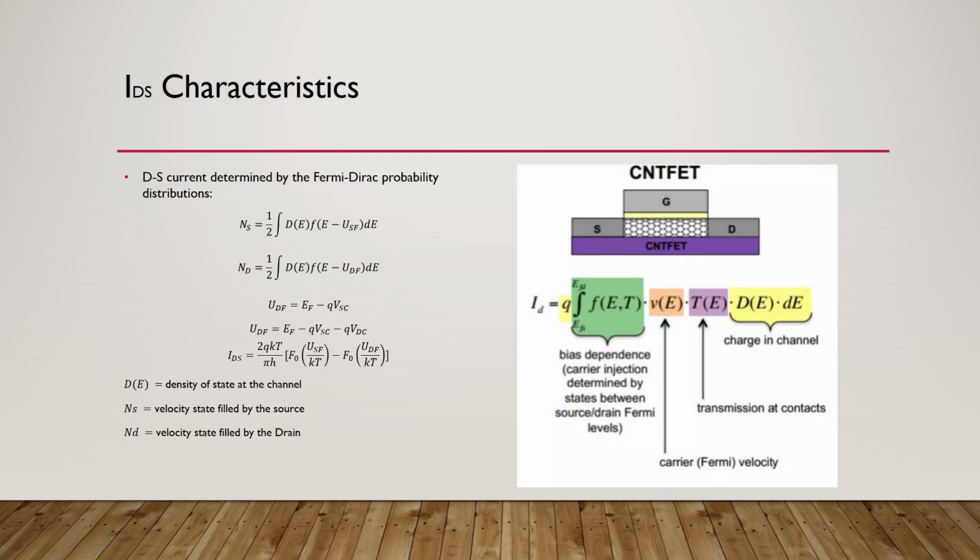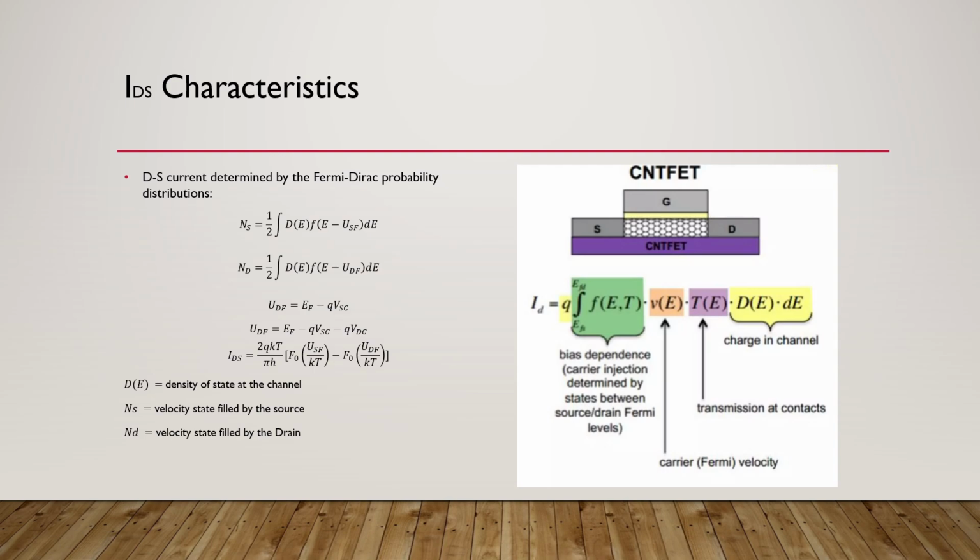So for this one, you will get F equal to ET, then bias-dependent carrier injection determined by the states between the source, drain and the Fermi level. VF is the carrier Fermi velocity and TE is the transmission at the contact. The last one, DE, is the charge in the channel. So this one you will get the current for this one.